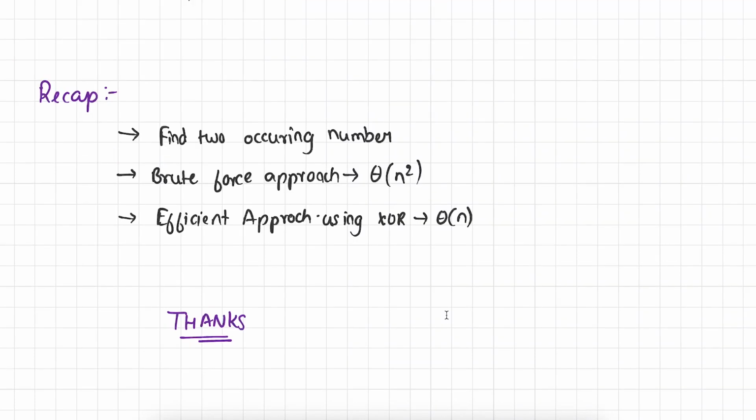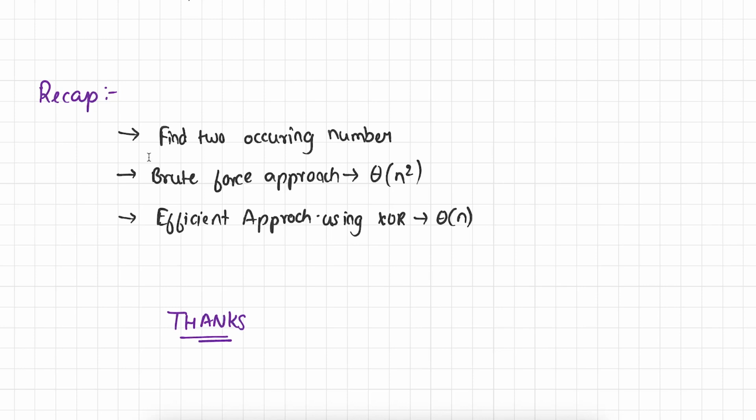Alright, so let's have a quick recap of what we have learned so far. We were given a problem in which we have an array of elements, and in that array all elements appear an even number of times except 2 elements that appear an odd number of times, and we have to find those 2 numbers.